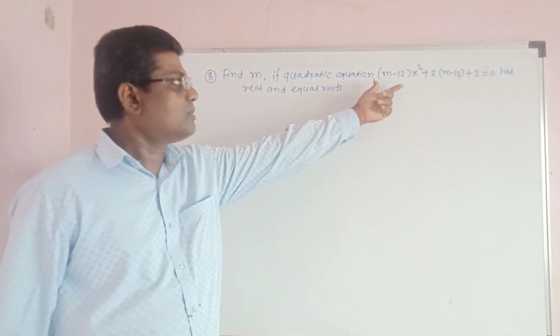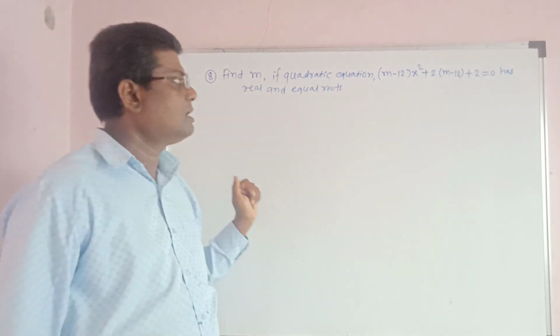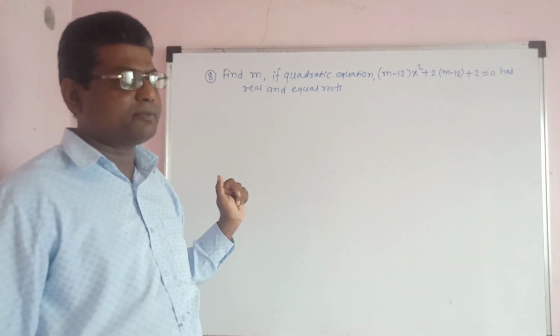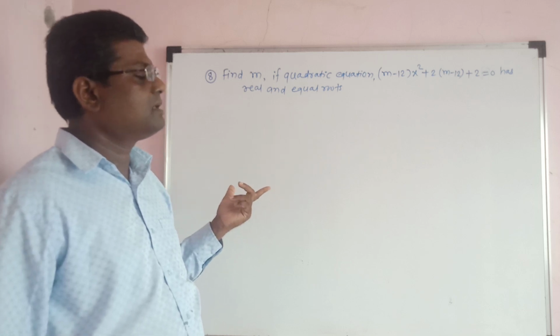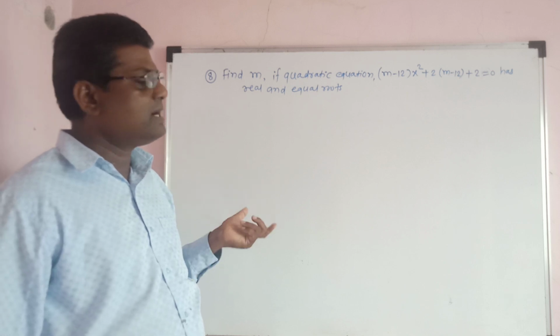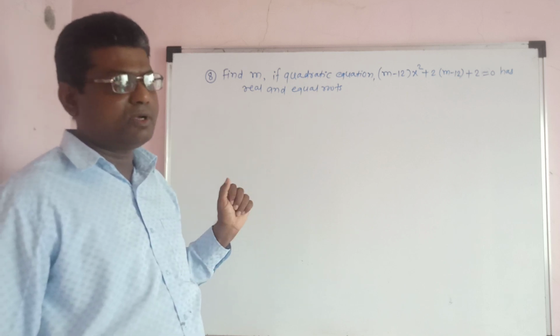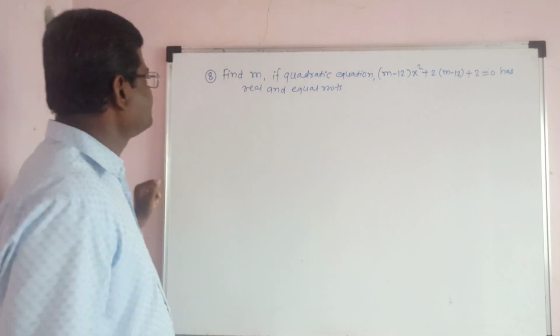Now we have to compare this equation with its standard form ax² + bx + c = 0. Then we find the value of b² − 4ac, equate that value to 0, and find the value of m.